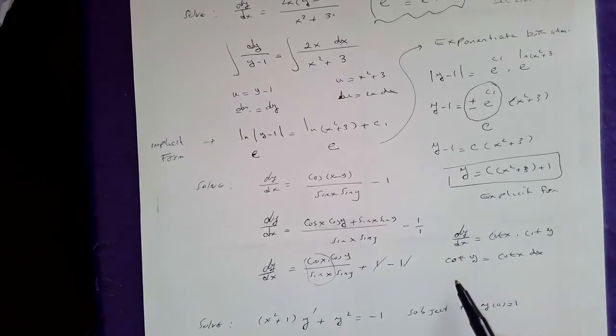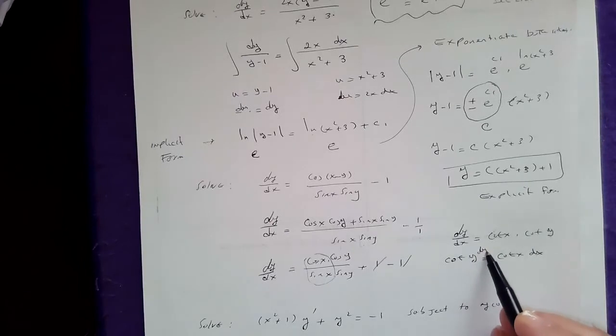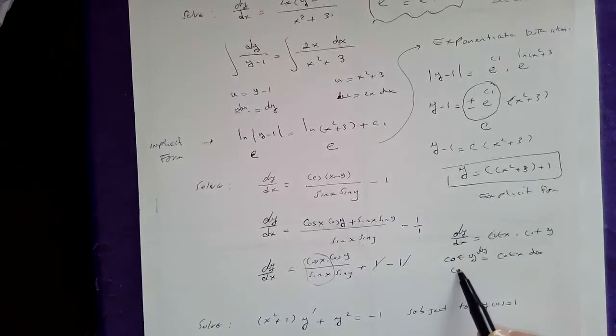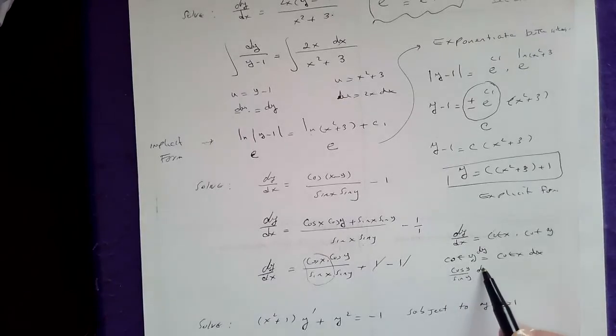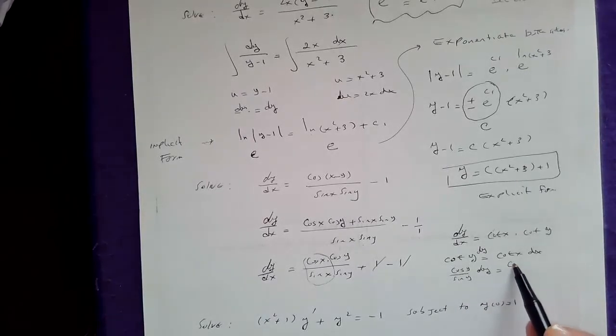Cotan of y is cosine of y divided by sine of y dy, and that's cosine of x divided by sine of x dx.